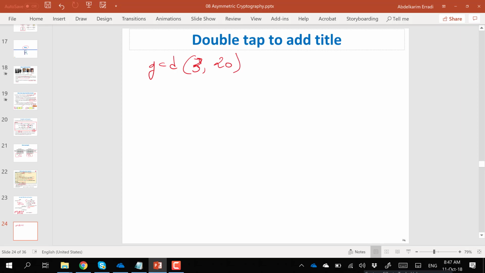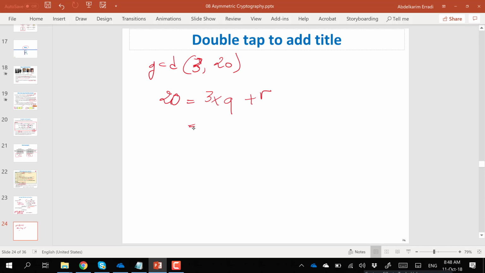We take the highest of these two numbers, which is 20, and we say 20 is equal to 3 times some q plus some remainder, which means we want to say how many 3s are in 20. How many 3s do we have in 20?